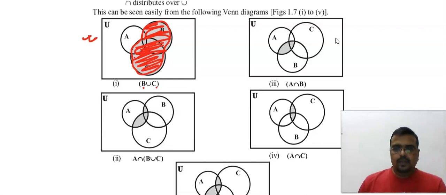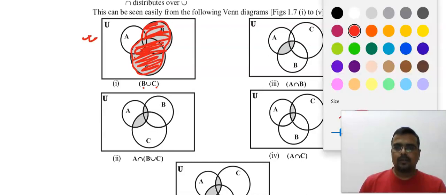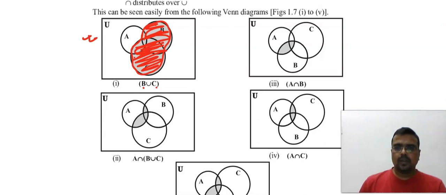In figure 2, if I say A intersection B, you should not worry about C. You should only be worrying about A and B, right? It is A intersection B, so the common between A and B, that is a part, right? Whatever is there common between A and B. Okay. In third one, let's see. I will color it differently.